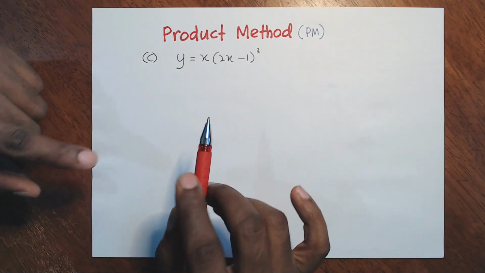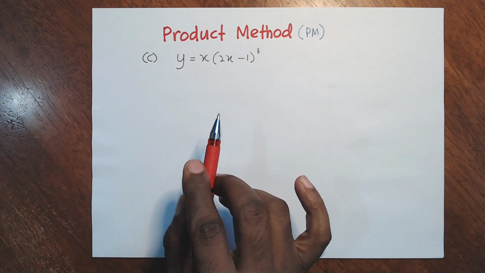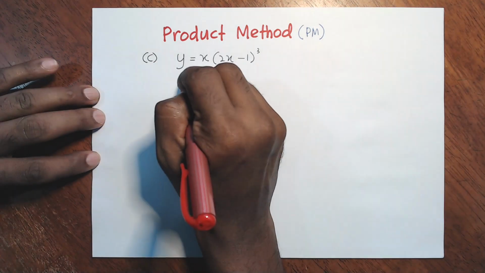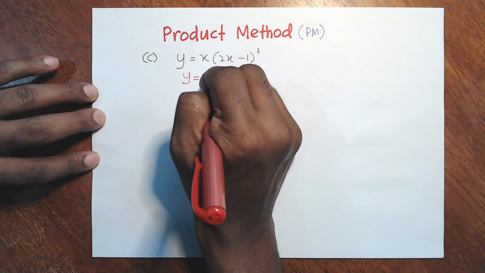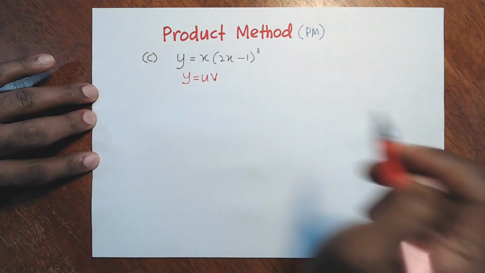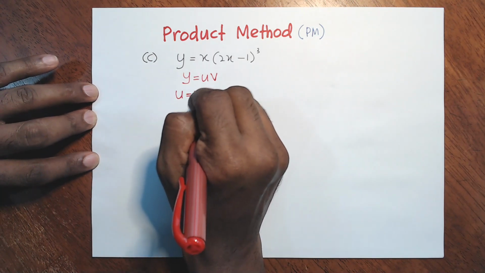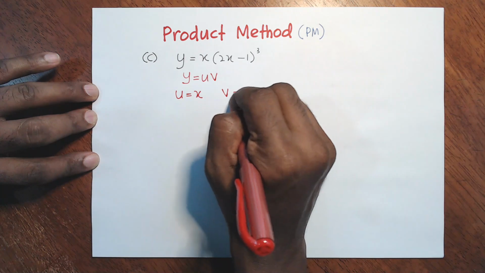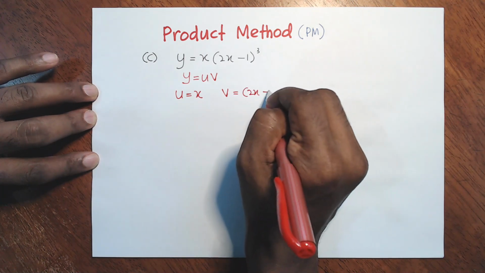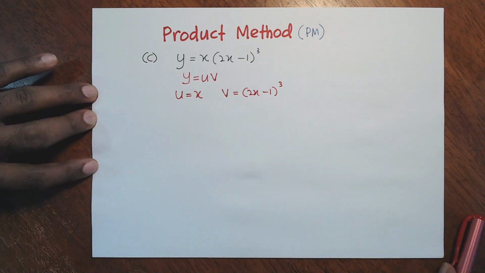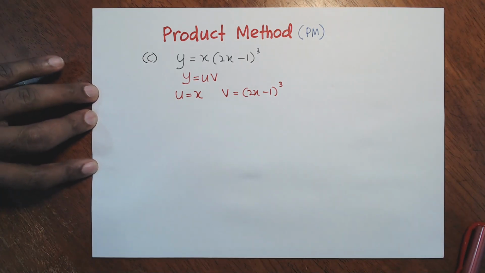You only use it when you have to, right? So for this question, we have to use the product method, and what we do is we assume y equals u times v, which means that we are taking u as x and v as (2x minus 1) to the power of 3, right? And then guys, what we do is we differentiate them individually.